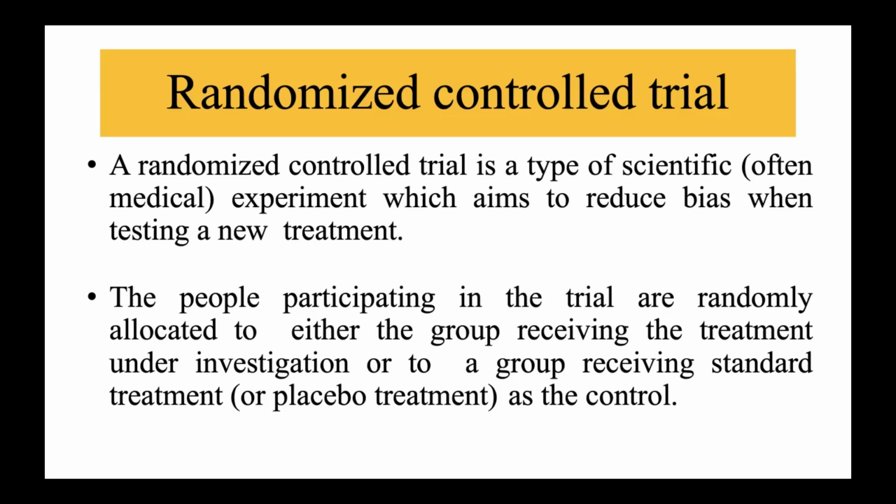That is why mostly the countries are not progressing, because they are not doing research where they are honest. There are so many biases. The people participating in the trial are randomly allocated. Everybody has a chance to participate in it, to either the group receiving the treatment under investigation, or the group receiving the standard treatment or placebo. This is called randomization.